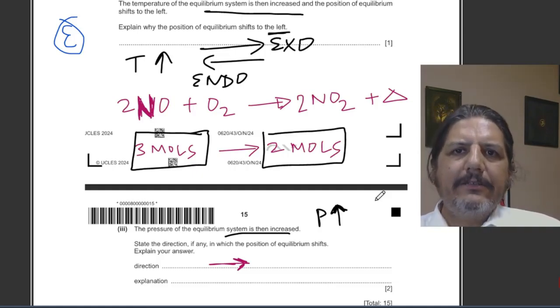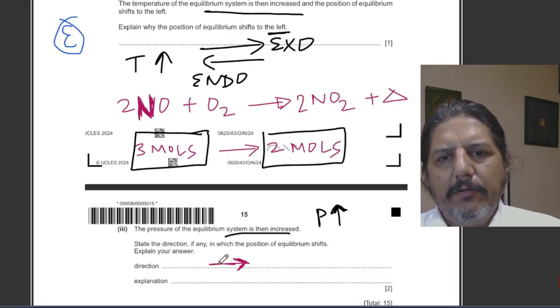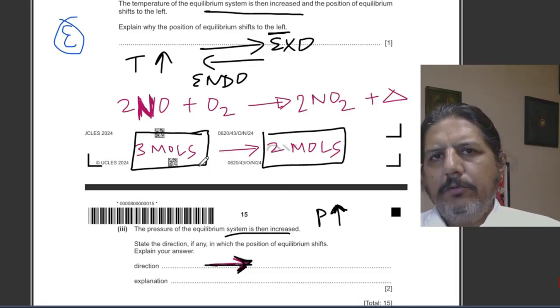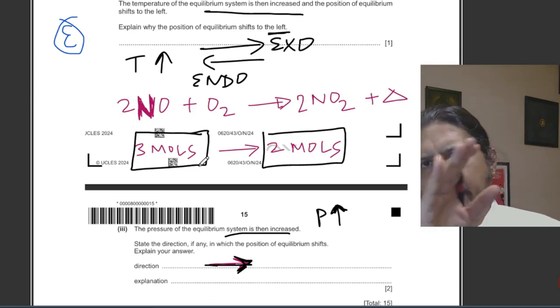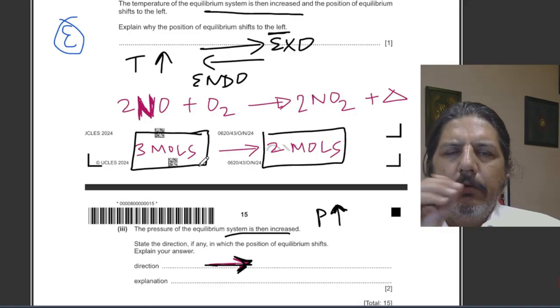It wants to decrease the pressure. It does so by moving in the forward direction, shifting the equilibrium to the right, because from 3 moles you come to the situation of 2 moles. So the reaction will move in the forward direction to oppose this increase.